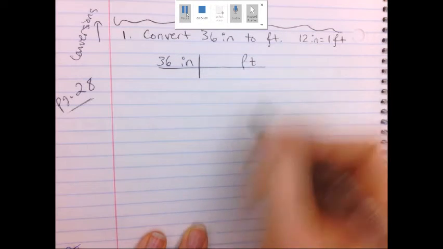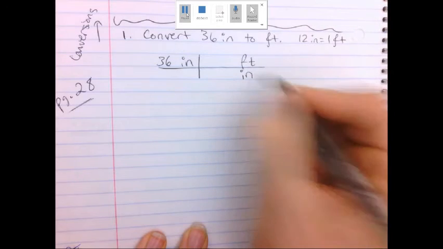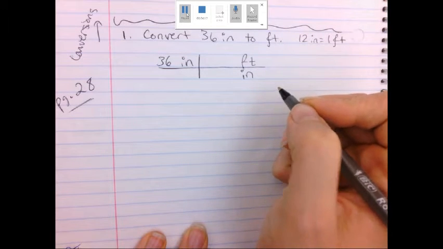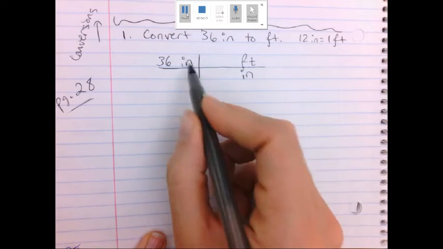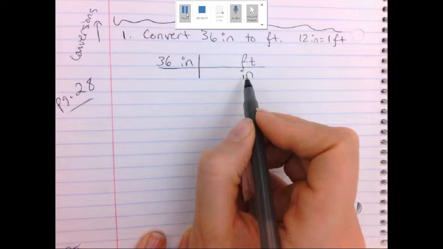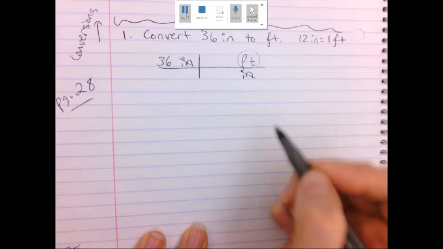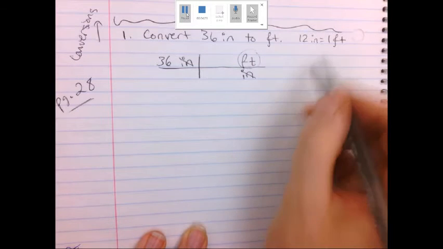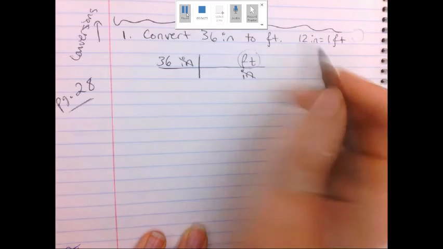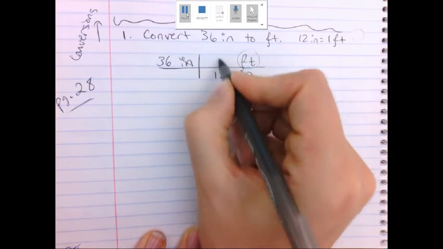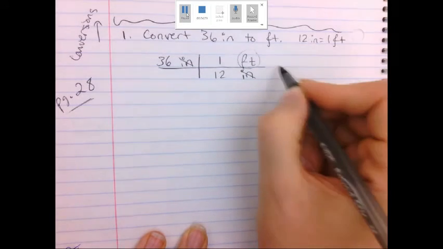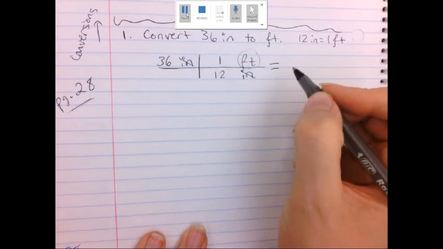Now we're trying to get rid of inches because we know when we have a fraction, if inches are right here, they're kitty-cornered to each other so they can cancel out. And that leaves us just with feet, and that's what we want. So now we can put in our conversion factor right there, that we've got 12 inches in 1 foot. So our next step is to multiply and divide.